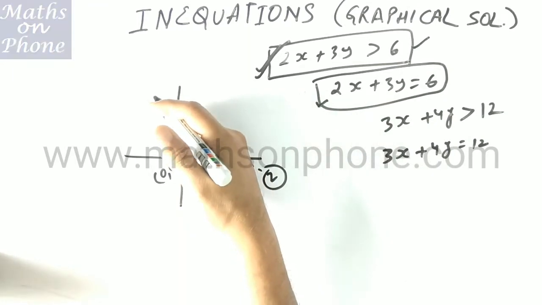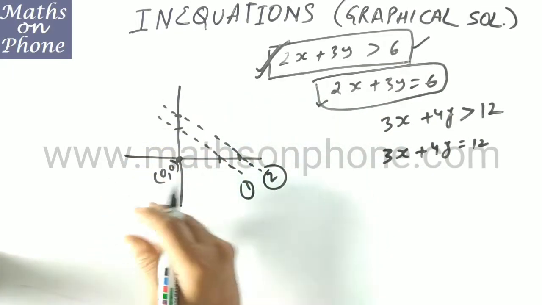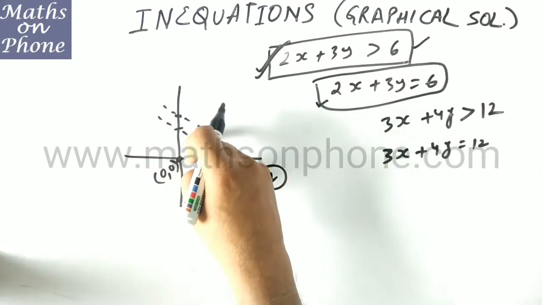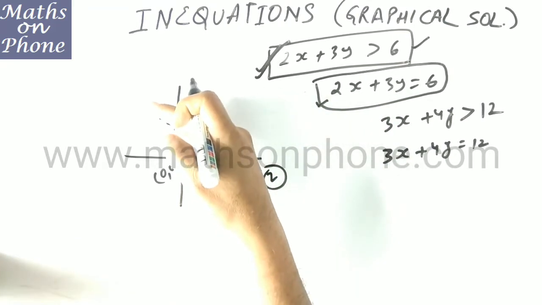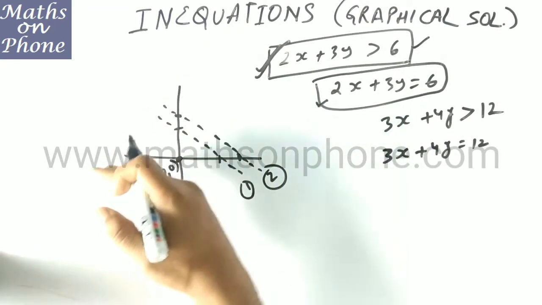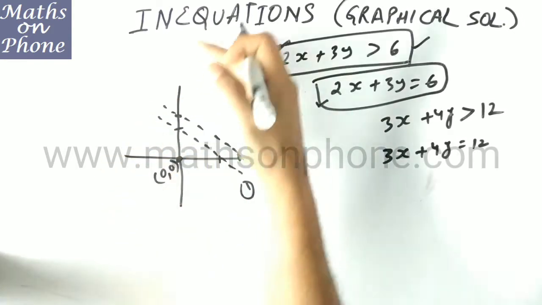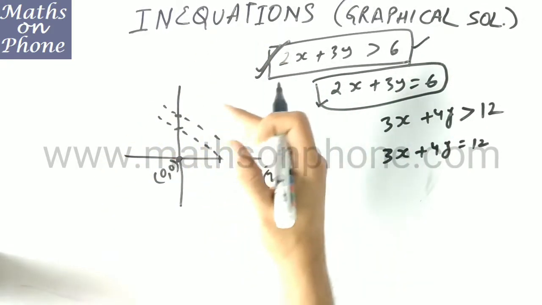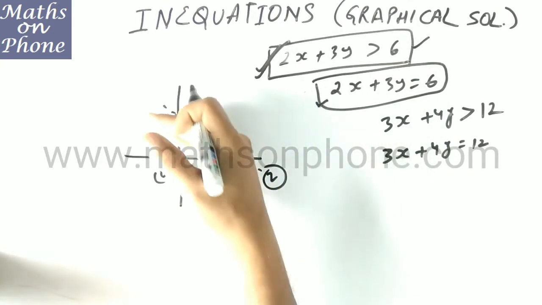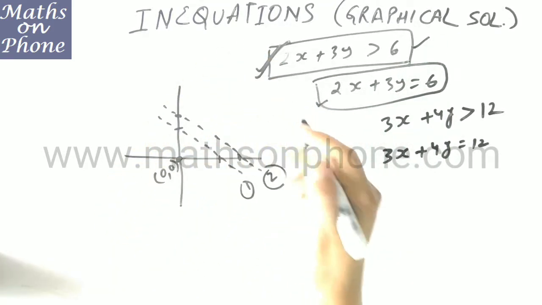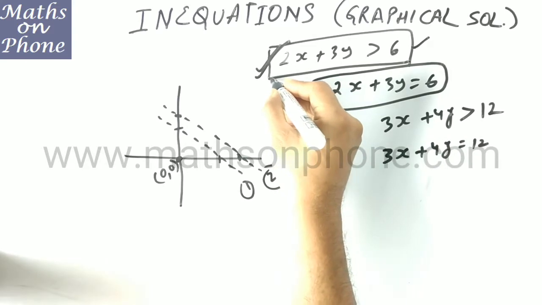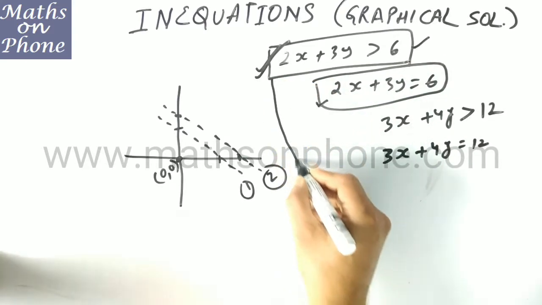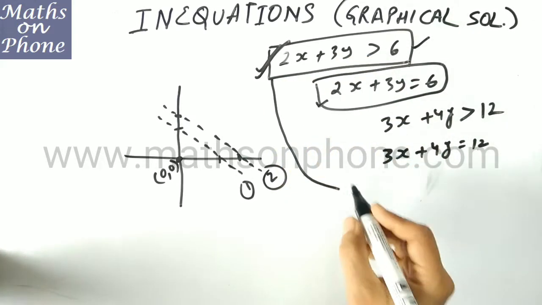Either we have to shade the region which is containing the origin or the region which is not containing the origin. That can be decided by just putting the coordinates of the origin in the inequation.